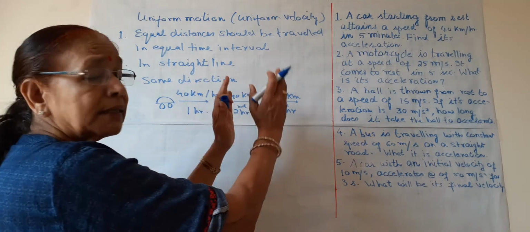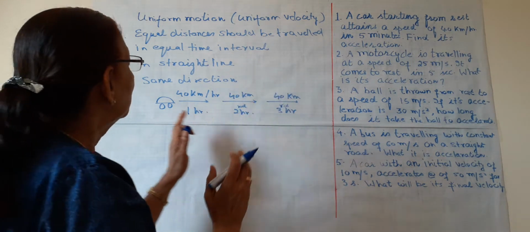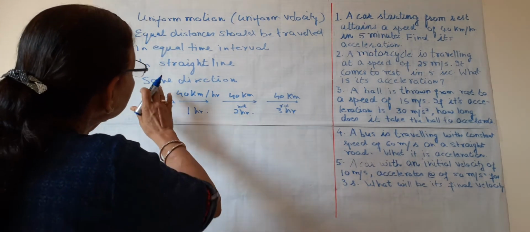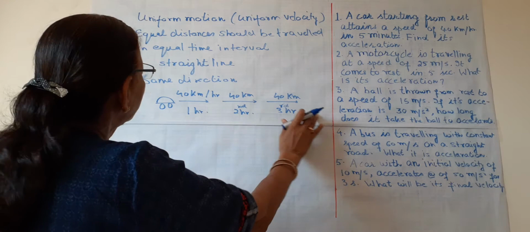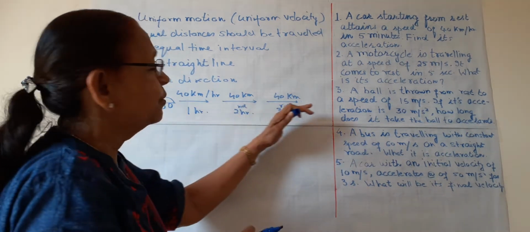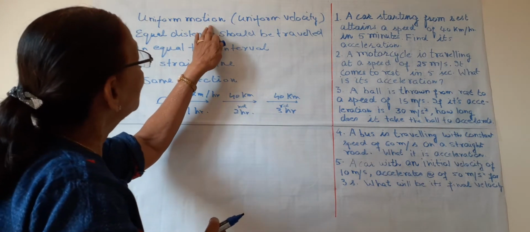So same distance is traveled in same time interval. So this is an example of uniform motion, and it is in straight line and the direction should not change. The direction should be same. So this is what we call uniform motion.